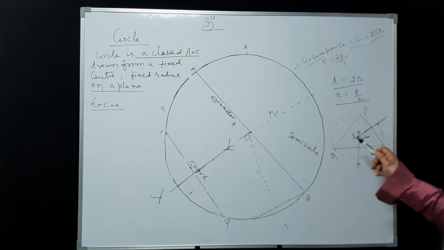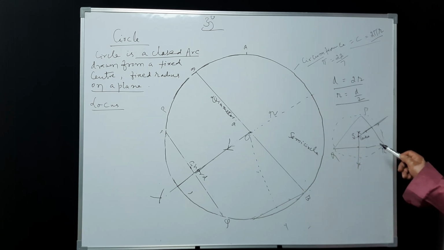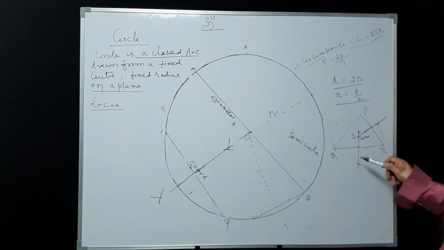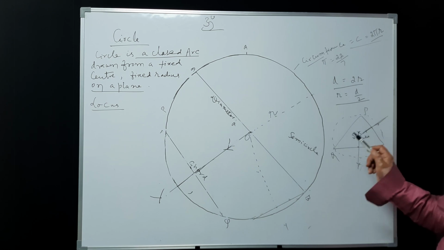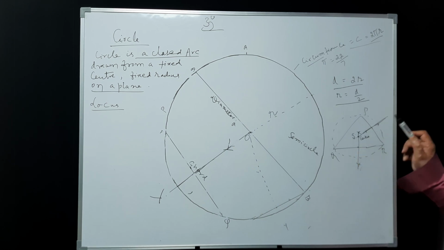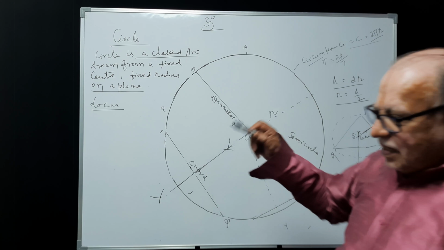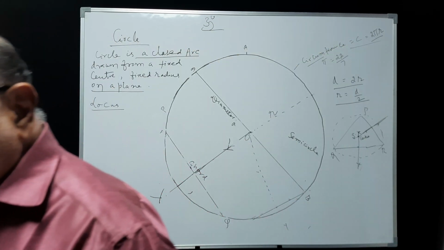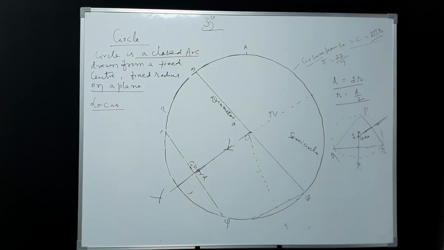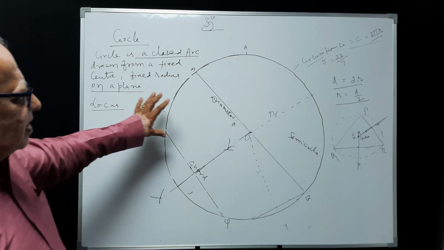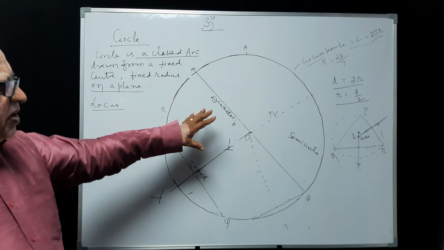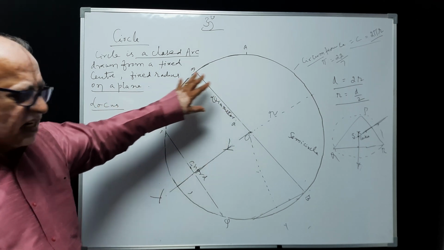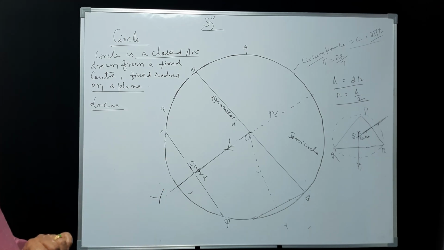The same procedure we can adopt: drawing the bisector of each side of the triangular piece and locating the central point, then cutting the piece, making a circular piece. So these are all the usefulness of learning about chord, diameter, radius, circumference, and other things.